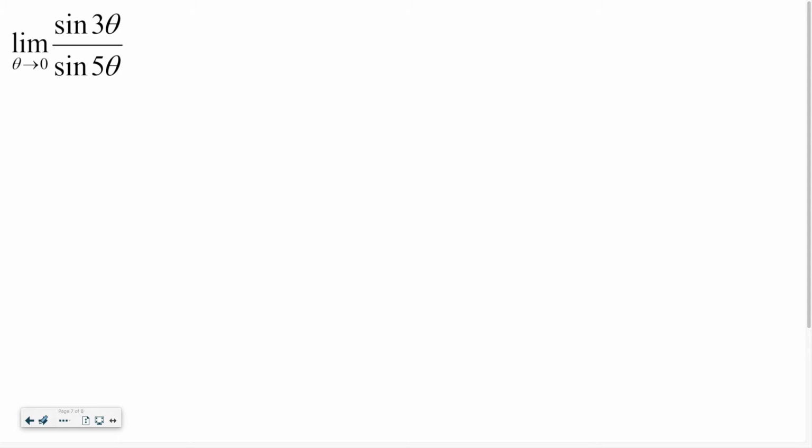Now, direct substitution, does it work? No. We have sine over sine, but they have different angle values.